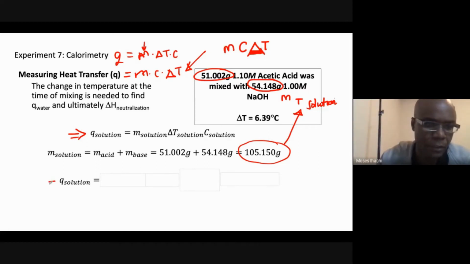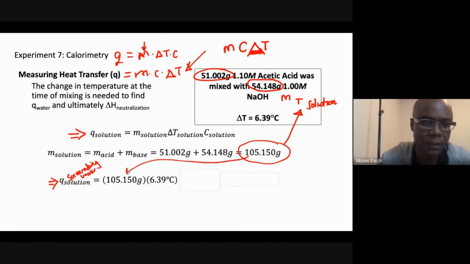So the Q of the solution, in fact, I should say that this is the Q of the, not the system, but the surrounding. Of course, the major part of the surrounding is the water. So you multiply the net mass by the change in temperature, and then multiply by the specific heat capacity of water, because water is the surrounding.